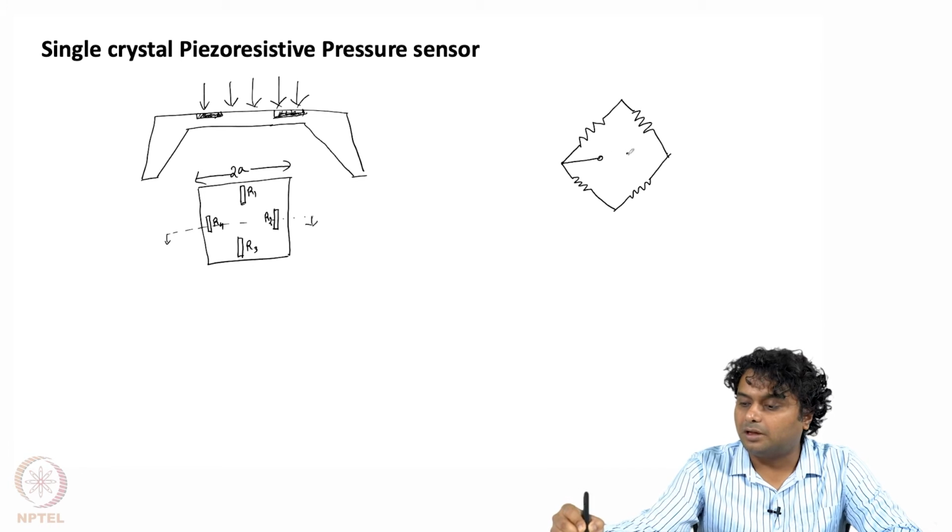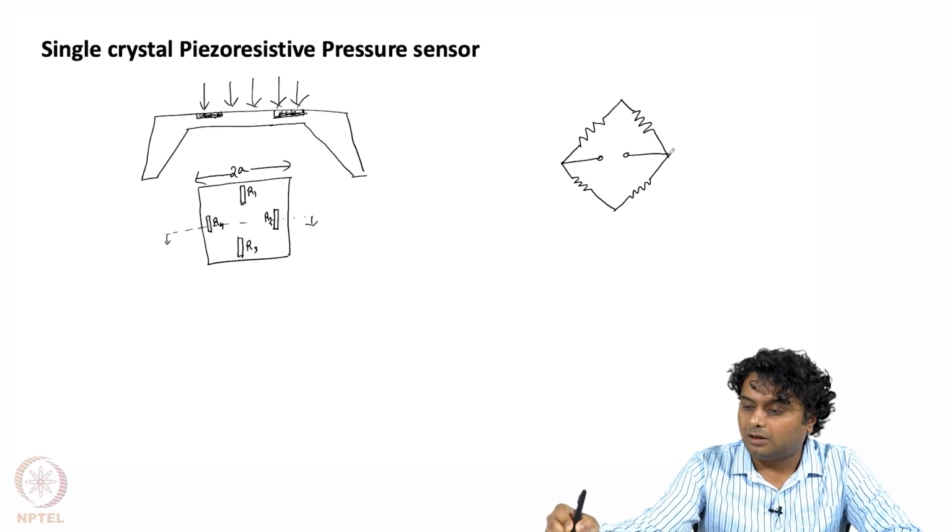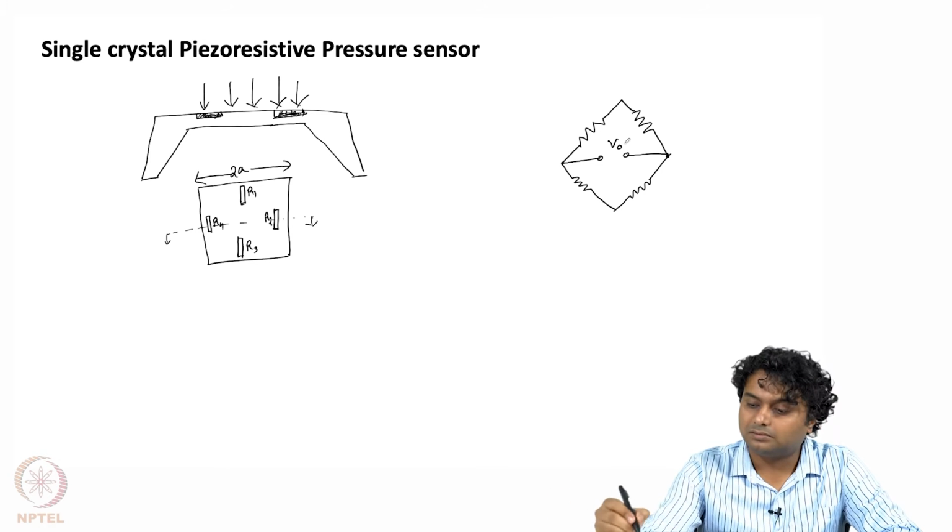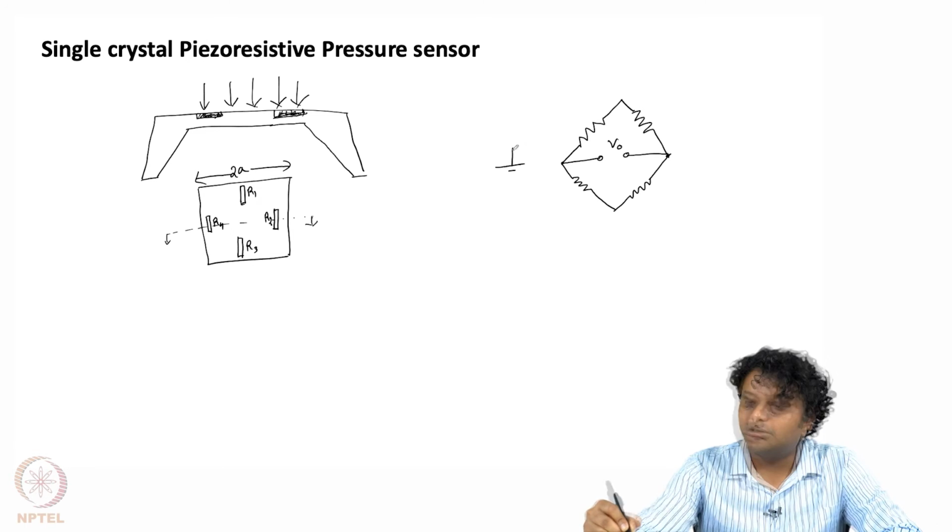This is where I am measuring the output voltage V0, and then actually applying some voltage.